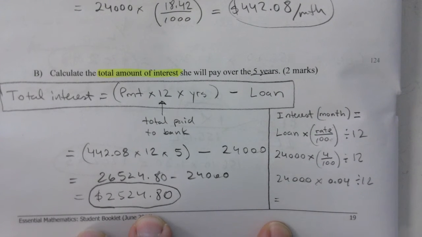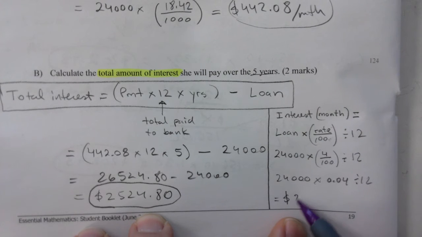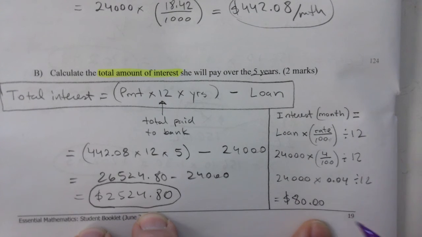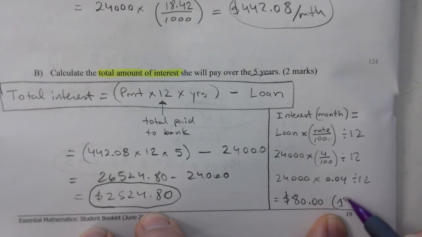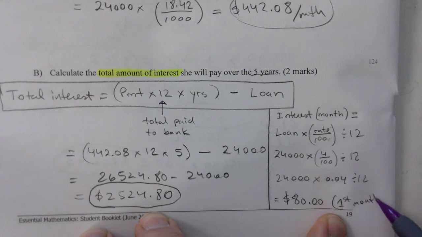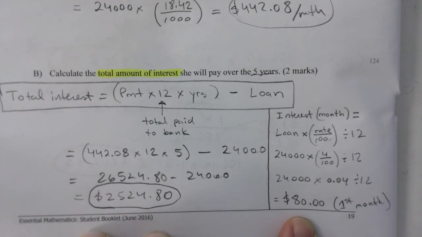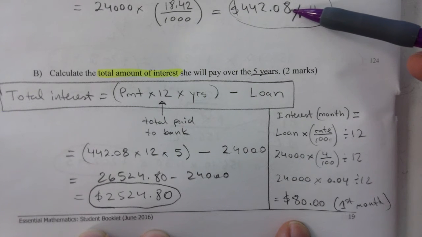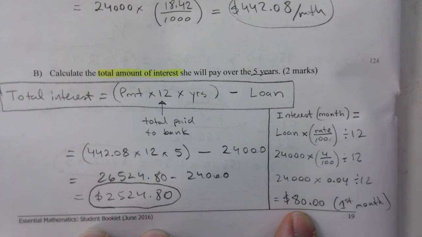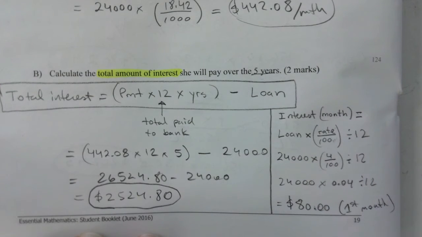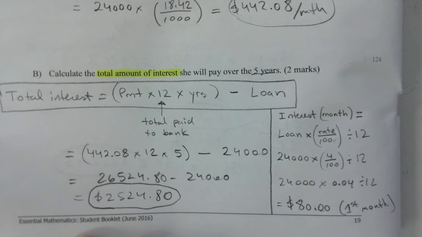This is not what the question is asking, but I'm thinking this is the time to talk about it. So it's $80. This is the interest for the first month. So out of that $442 payment, $80 goes towards the bank, and the rest is what we call principal.